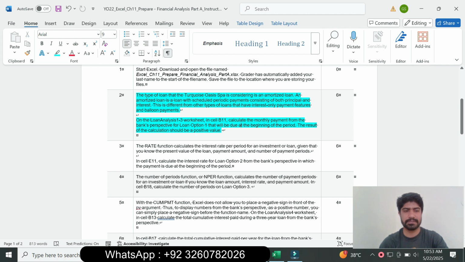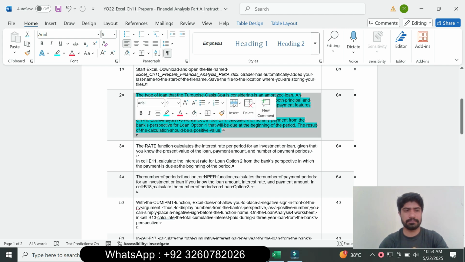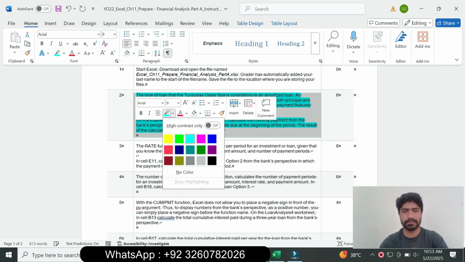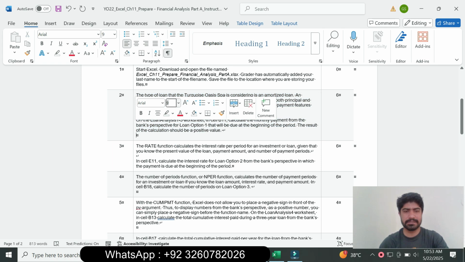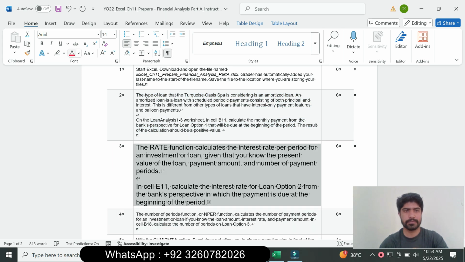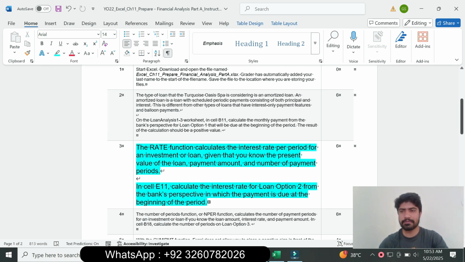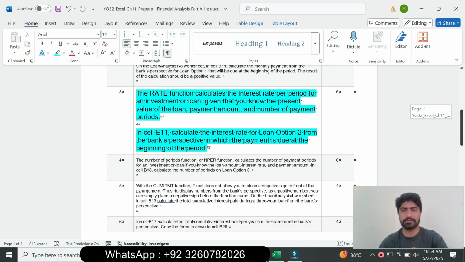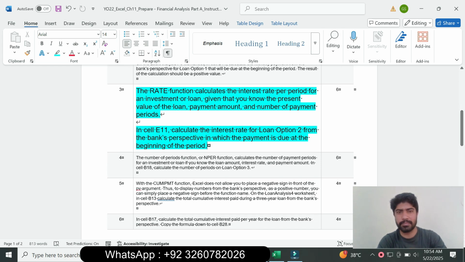So question number 1 and 2 are complete, and we move to question number 3. Question number 3 is the RATE function to calculate the interest rate per period for an investment or loan, given that you know the present value of the loan, payment amount and number of payment periods.